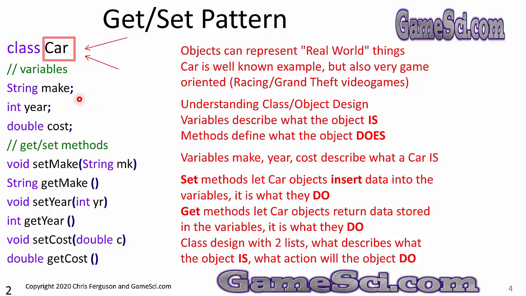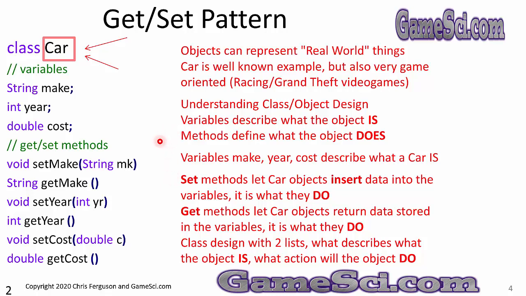Int temp is not a variable that belongs here. Temp doesn't describe what a car is. Make, model, year, cost, mileage. The key information that describes a car, that's what the variables of the Car class / object should be. The variables make, year, and cost describe what a car is. The methods. The methods define what the object does.